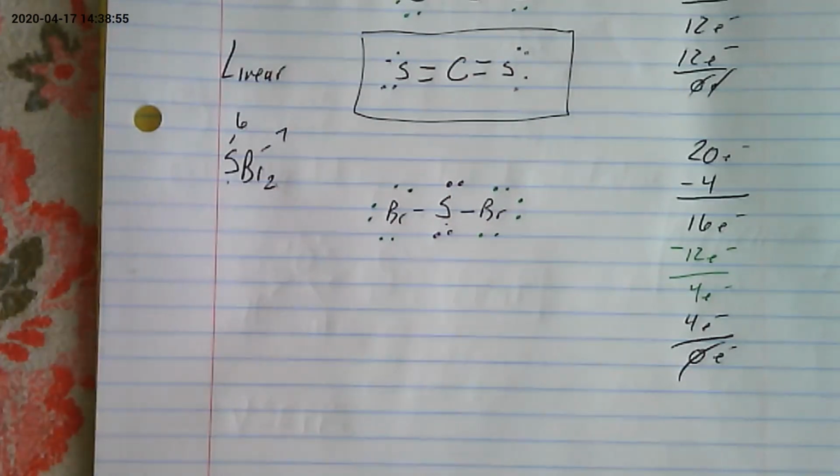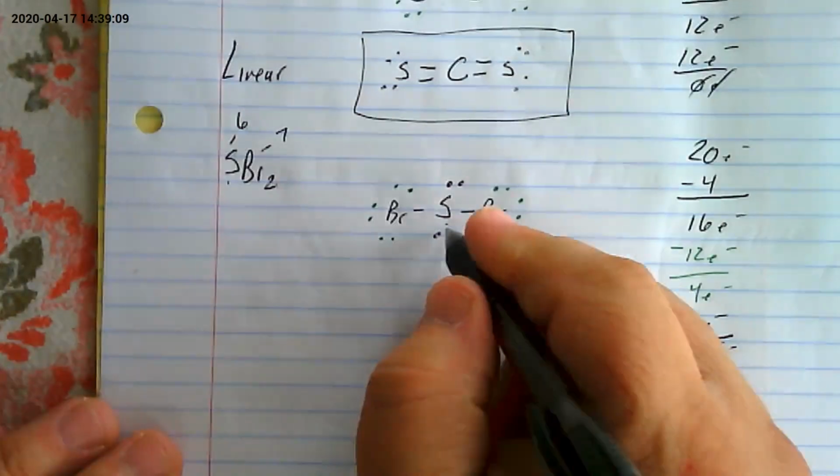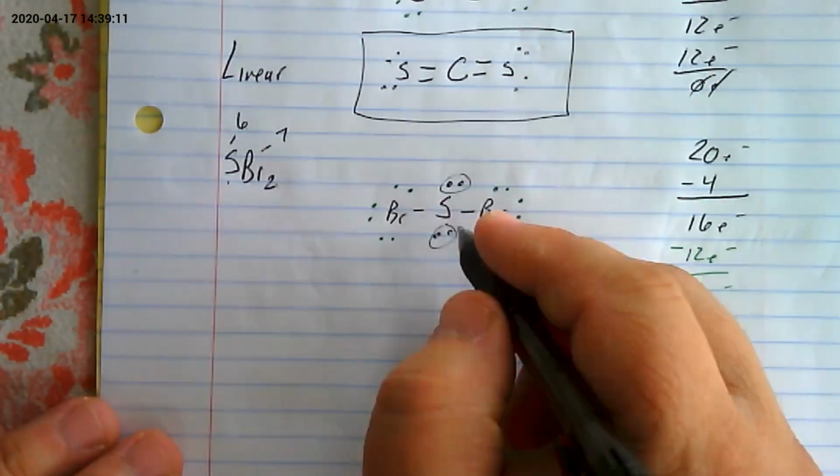The next step is to satisfy the octet of the outside atoms: 1, 2, 3, 4, 5, 6, and 1, 2, 3, 4, 5, 6. So I just used 12 electrons. That leaves me with 4, which is good because, unlike the previous problem, the central atom has 4 and needs 4. So there's 1, 2, 3, 4, and that uses the 4. So now we're done.